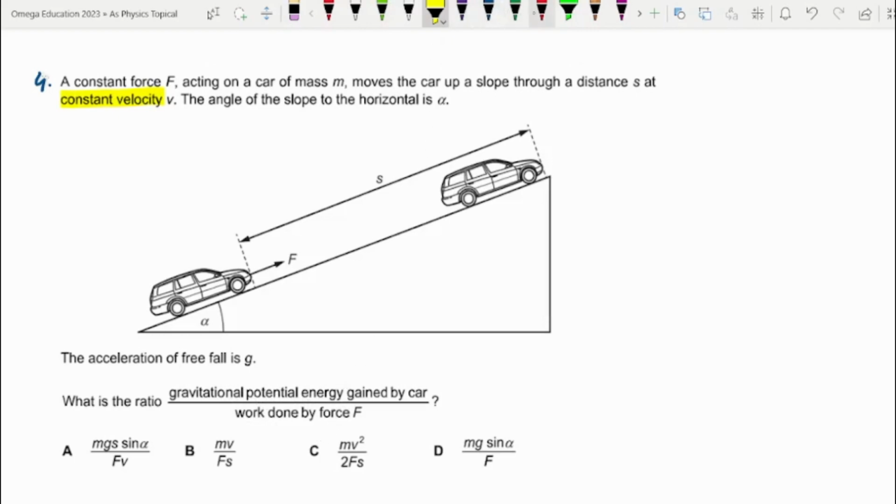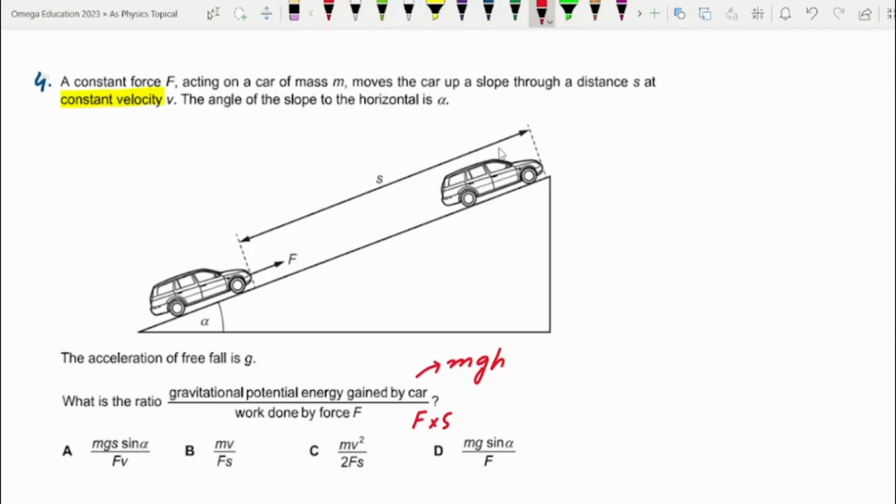Okay, so it's quite a simple one, but with a bit of a catch here. The gravitational potential energy equals mgh, and the work done would be the force in the direction of the motion, times the displacement covered in the direction of motion, or along the line of motion.